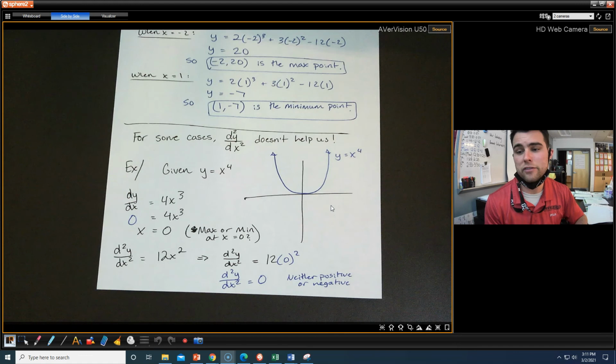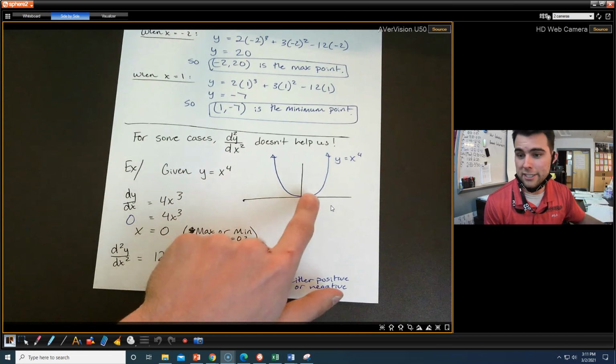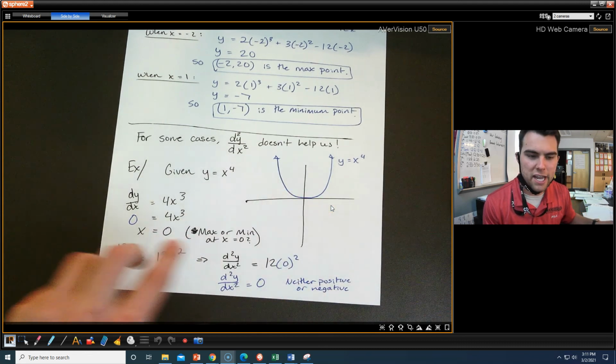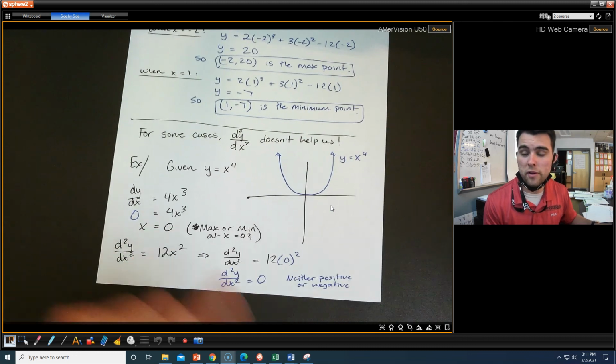My double derivative should be positive, and it's neither. So in this case, we'd probably want to use that first derivative trick. You know, maybe try x equals -1, x equals 1, and just see, oh, hey, what's the sign of that on either side of this stationary point right here?